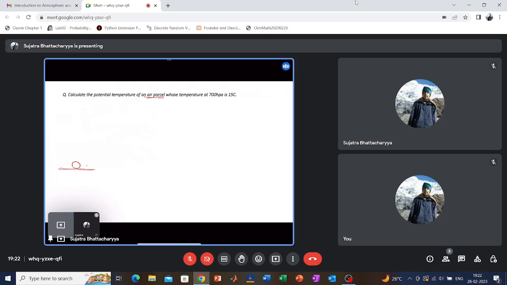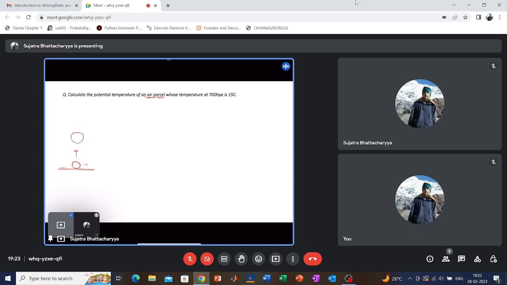So by some mechanism, maybe some convergence of air, this parcel has lifted up, and at some level it is here. Now here inside pressure and outside pressure should be the same. This is the theory on which the air parcel theory is based. So pressure outside should be equal to pressure inside.